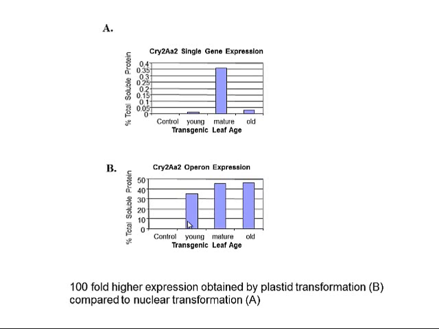If you compare that to expression in plastids, where we've specifically targeted it to chloroplasts, you can see that in leaves you're getting almost 50% of total soluble leaf protein expressed as Cry2A Bacillus thuringiensis crystal toxin. So it is possible to produce phenomenally high levels of expression in transgenic, transplastomic plants.